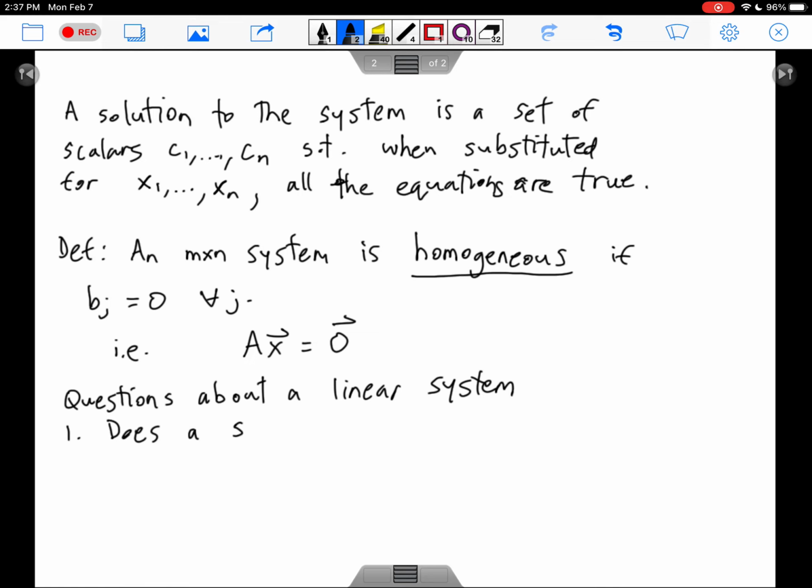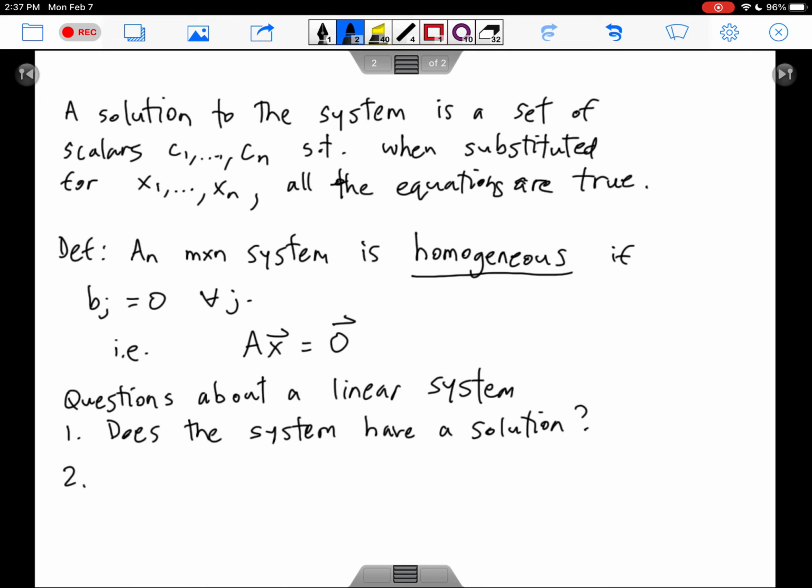Question 1, does a system have a solution? So that's the first question, right? Does it have a solution at all?